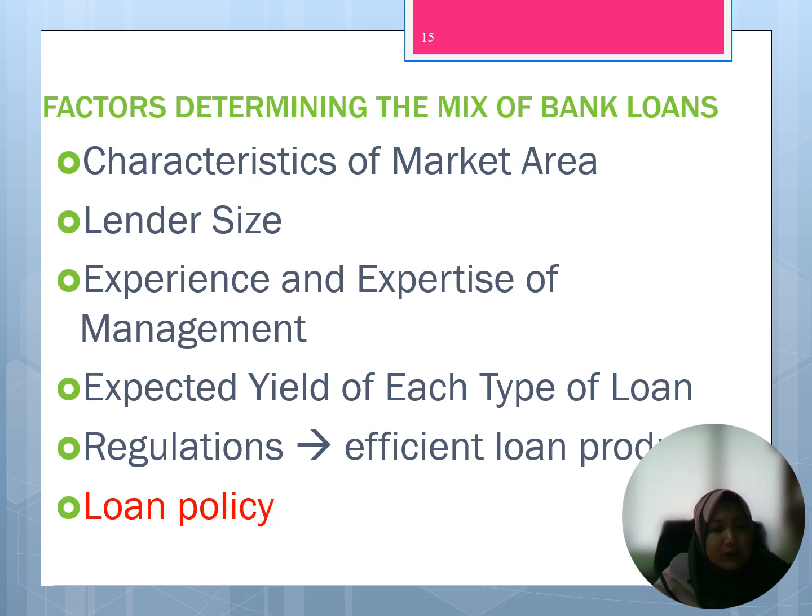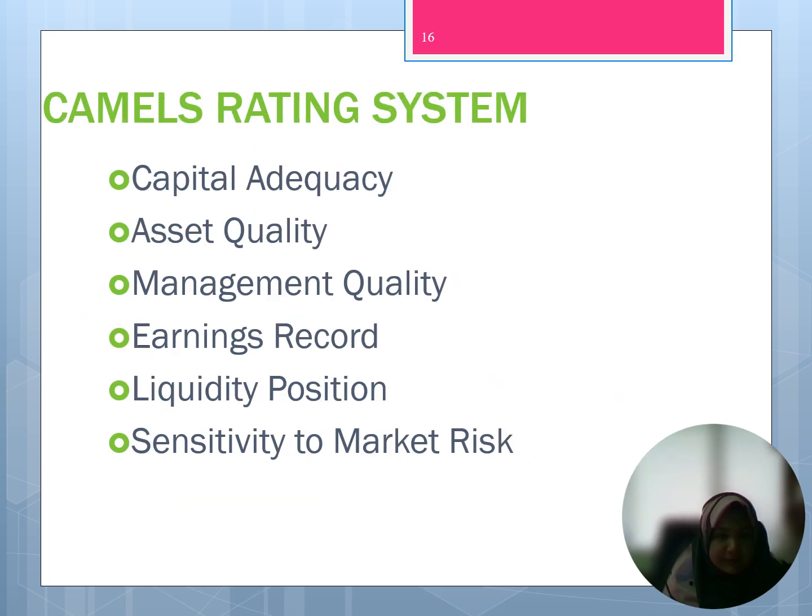Or if the loan policy only allows agriculture loans and also industrial loans, the loan portfolio only consists of agriculture loans, or the bank can offer agriculture and industrial loans only. So it depends on the loan policy of the banks.